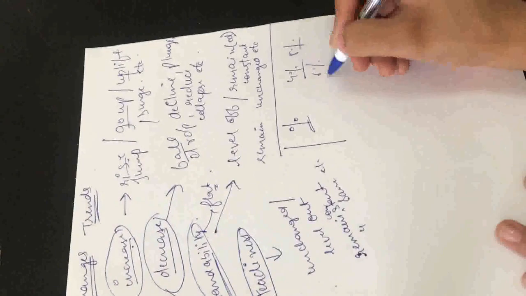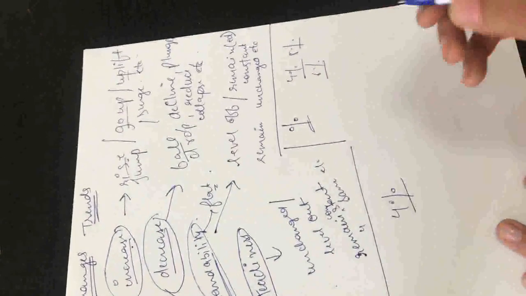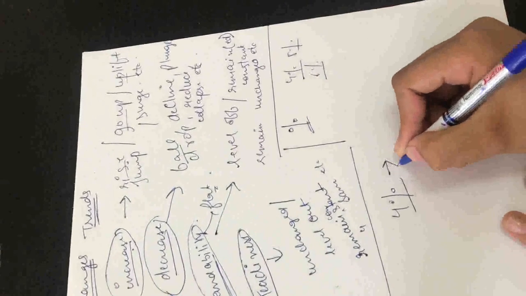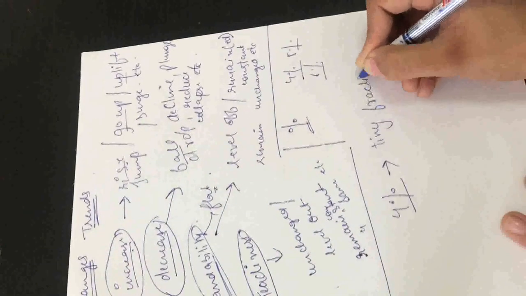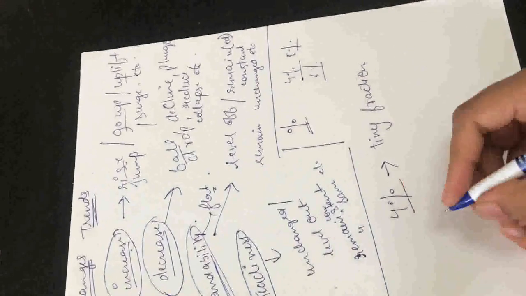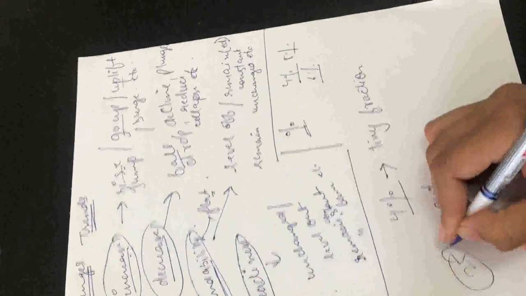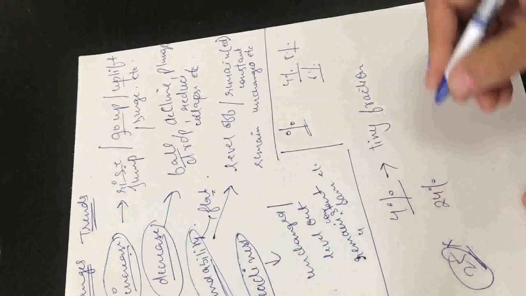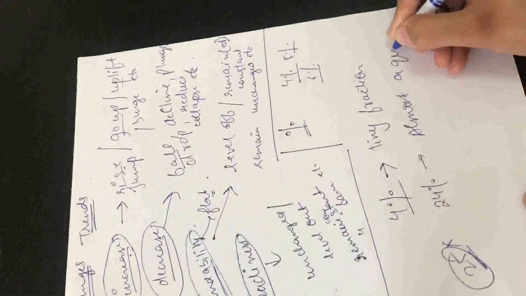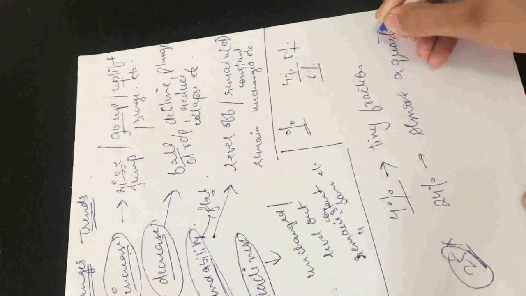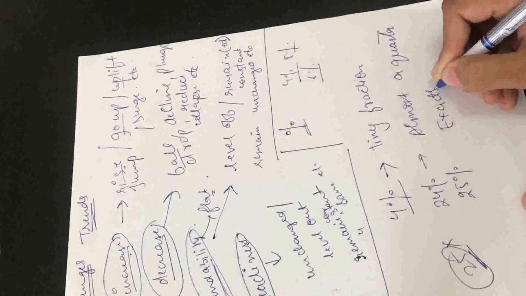To get good bands, for 4% we can write a tiny fraction instead. Suppose we have 24%, not 25%, 24%. This we can write as almost a quarter. For 25%, we can write exactly a quarter.